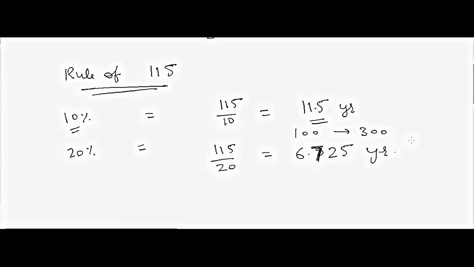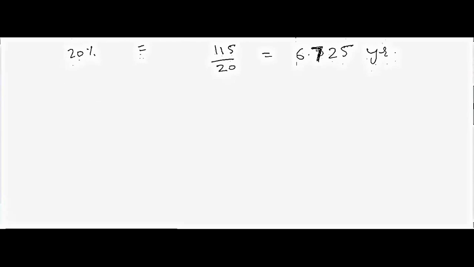So this is an approximation you can do when you want to triple your investment. Then the third one we have is the rule of 70. So what is the rule of 70?